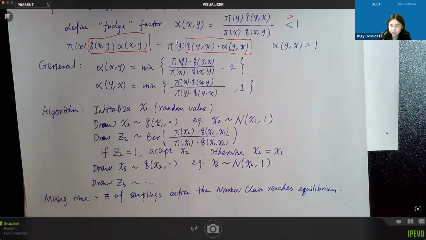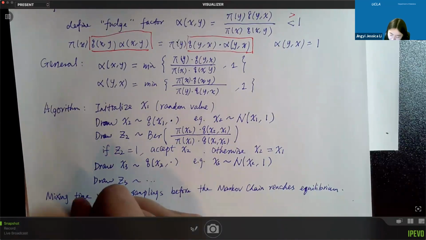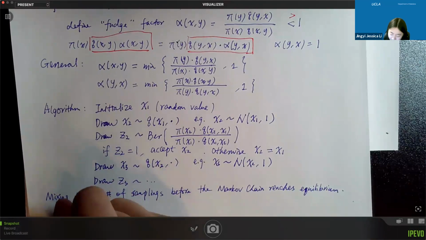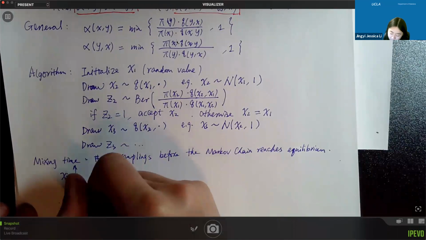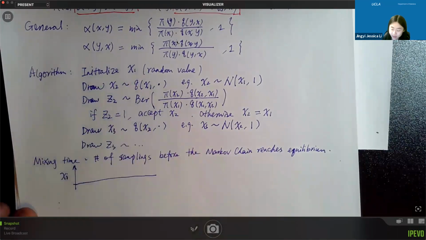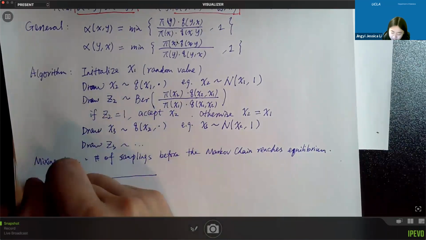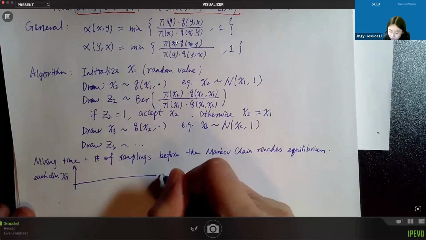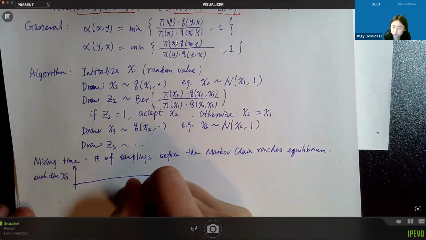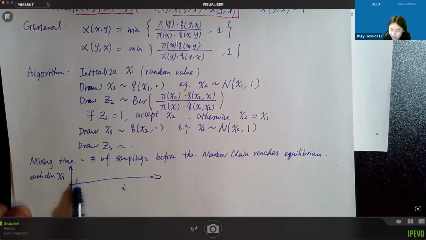But how can you see this visually? What you can do is plot your xi, the values you sampled, on the y-axis, for each dimension of xi. If your xi is multi-dimensional, you just plot each dimension of xi on the y-axis, and the iteration, or the sampling number, on the x-axis.